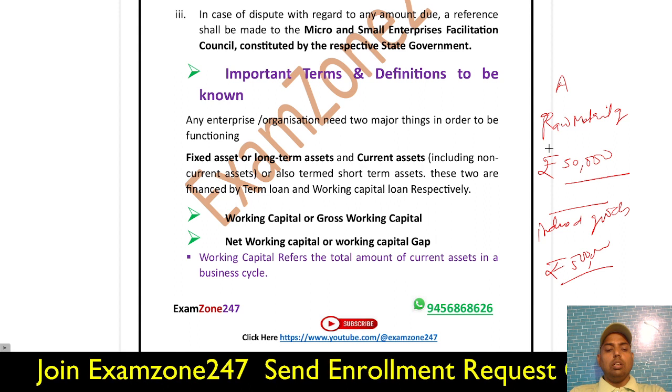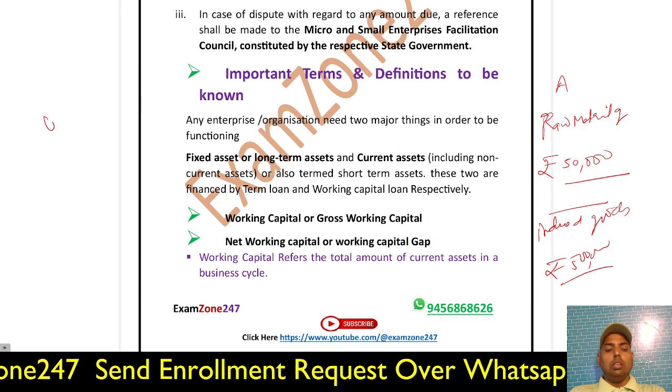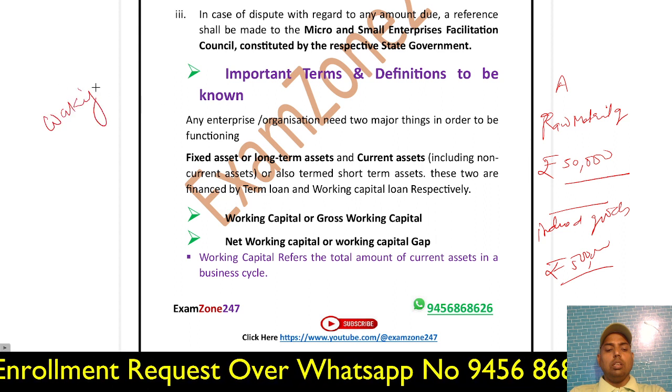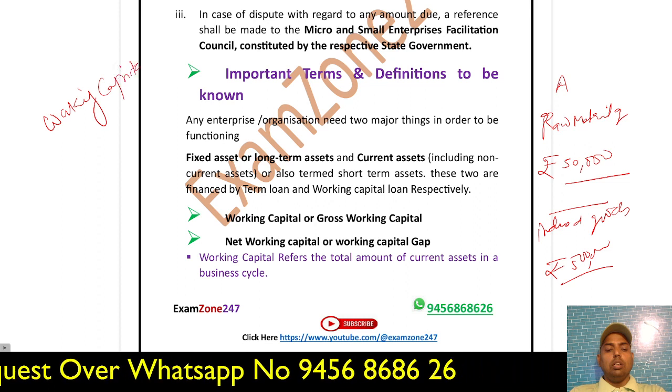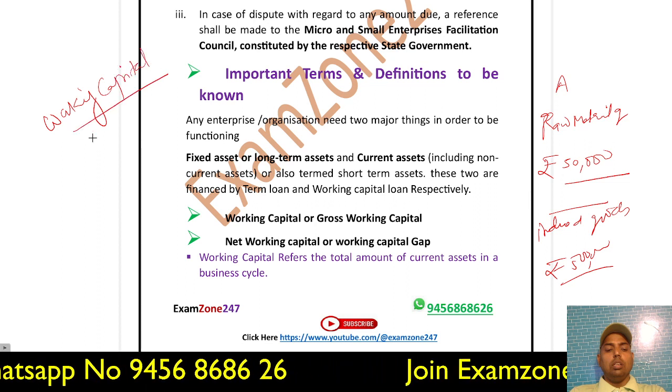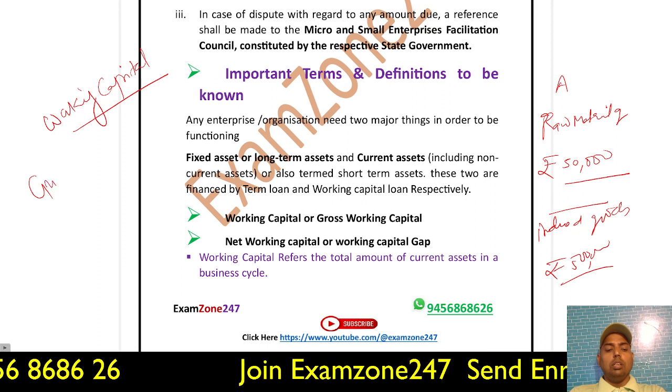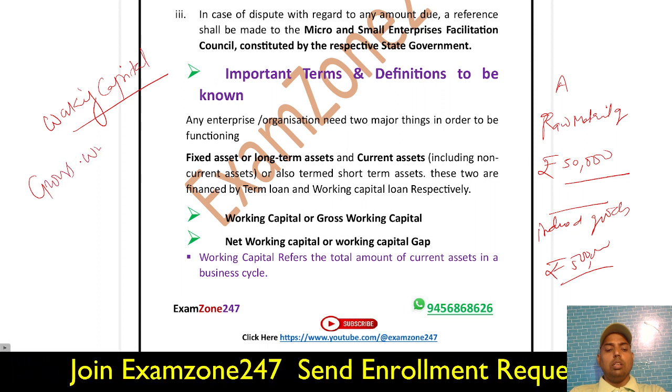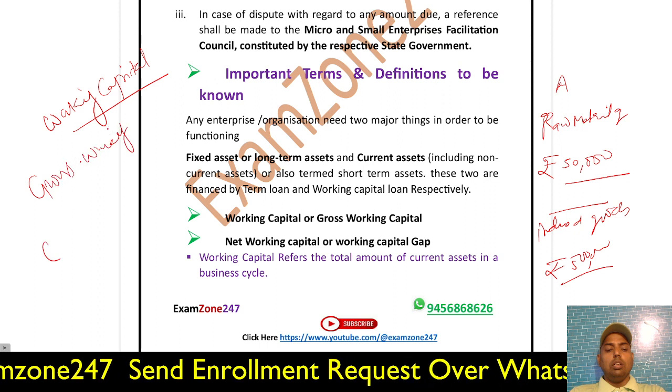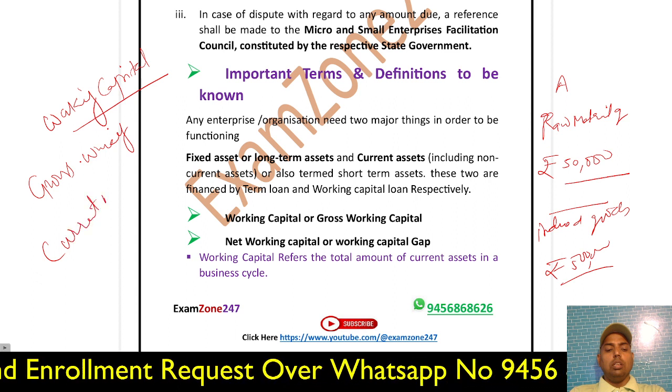Then all such current assets will be working capital. It is also called the gross working capital. Gross working capital means the total of current assets.